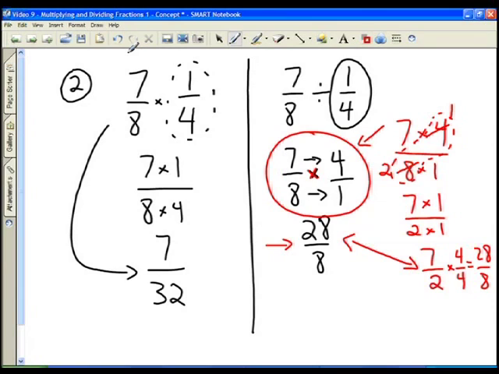So you see, reducing fractions sometimes is easier to do at that stage, once you've flipped and changed the sign to multiplication. You can do the same thing when you're multiplying. You can reduce as well, except for with this example, when we had 7 times 1 over 8 times 4, there was nothing to reduce in those numbers. There was no number that went into 7 and 8 or 7 and 4, for example.